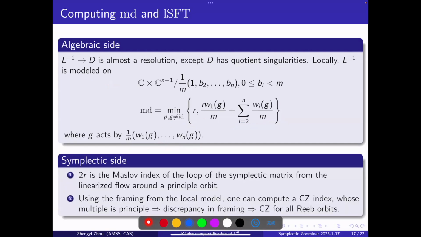The way to compute it is first you realize that this Fano index is actually a Maslov index, because our contact form is quasi-regular, so it's coming from an S^1 action. I will call an orbit a principal orbit if it's over a generic point of D, so that's a point where this action is free.